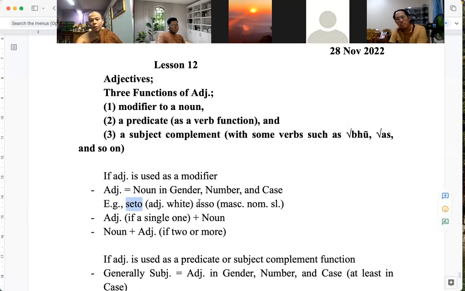So seto asso, the meaning of asso is horse, so seto asso means the white horse or a white horse.